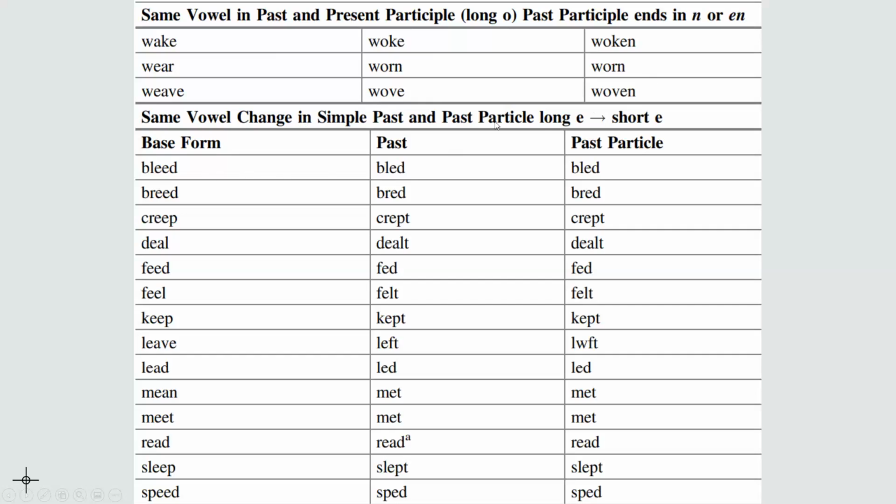In this case, the past and the past participle change a long E into a short e. Bleed, bled, bled. Breed, bred, bred. Creep, crept, crept, and so on. Well, that's all.